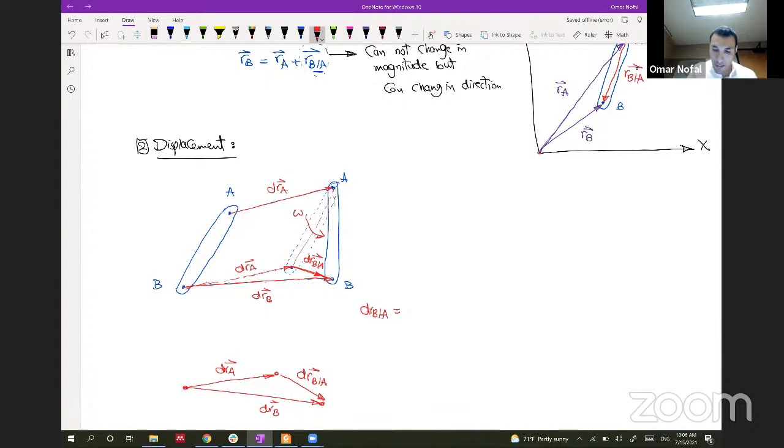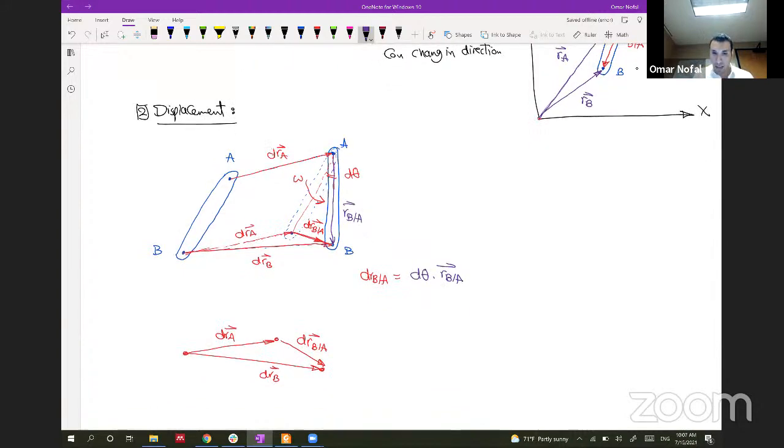So this will be d theta, and we have as well this distance. This is RB with respect to A, so dRBA will be equal to d theta multiplied by RB with respect to A.